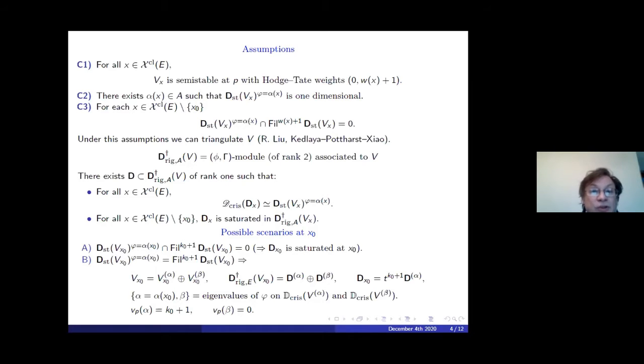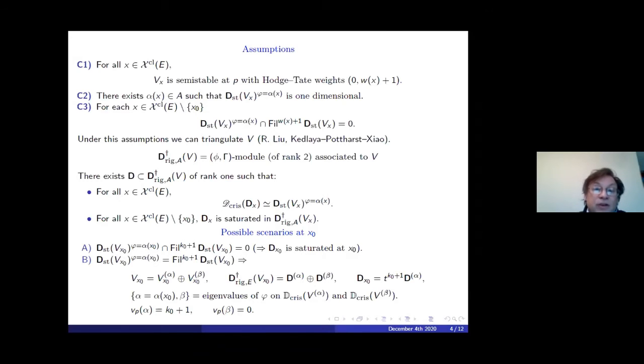Under these assumptions, we can triangulate the representation V. This is a general result of Liu and Kedlaya, Pottharst, and Xiao.